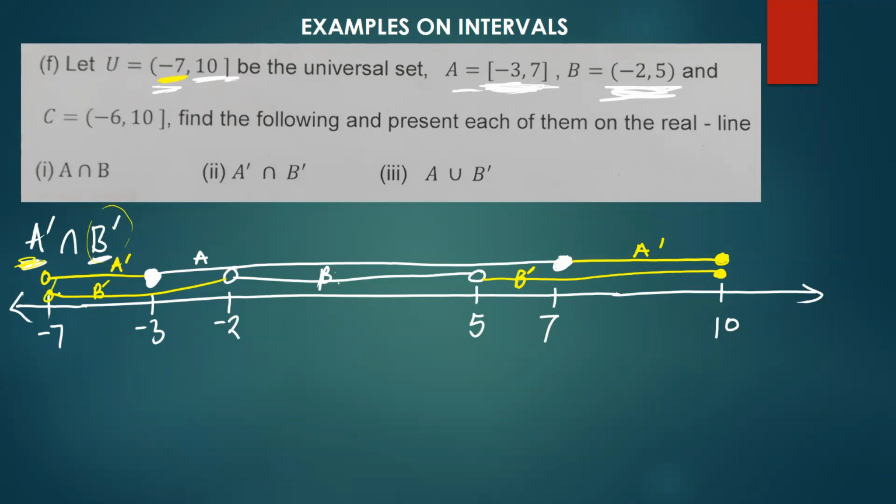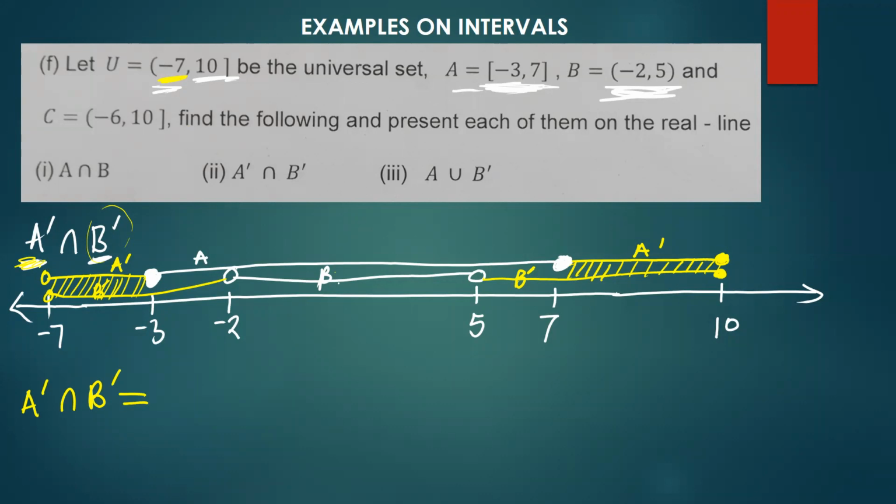This part, and this side also, is where the yellow lines are meeting. Hence, A complement intersection B complement will therefore be equal to what?